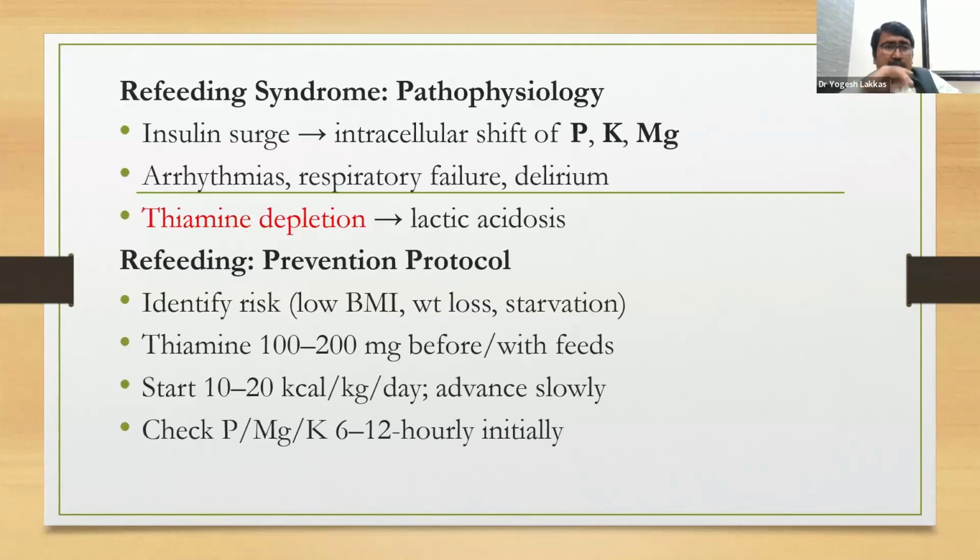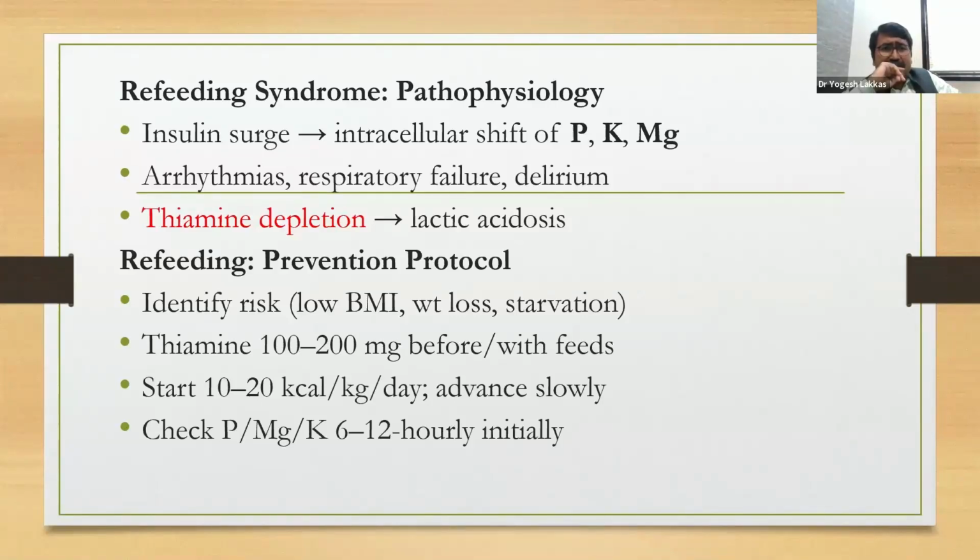Then some syndromes are very important, and one must know the pathology of these syndromes. While starting nutrition in a malnourished patient, refeeding syndrome is something every clinician has to know, along with the dietitians and the nursing staff.